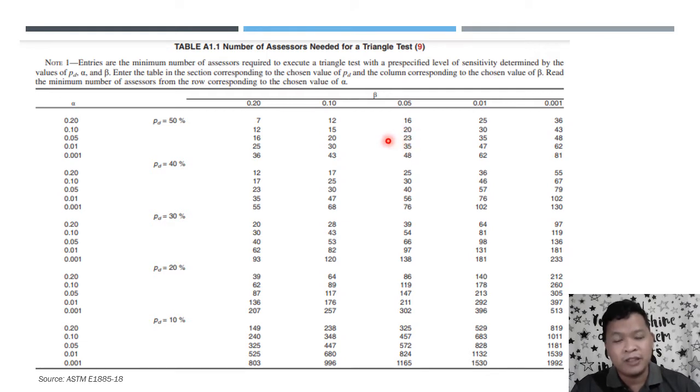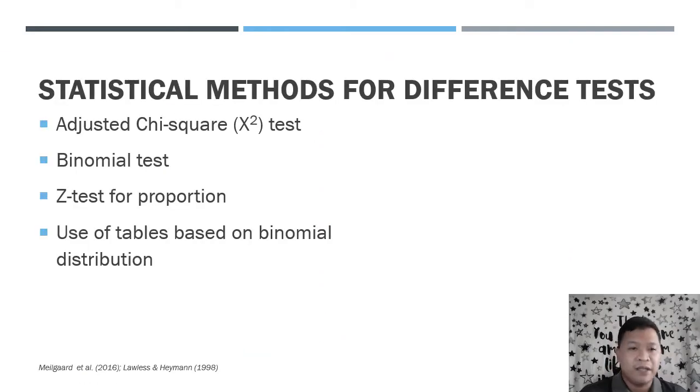Okay, the number of correct responses, of course, would be a different issue. So maraming paraan para malaman mo kung may significant difference nga sa isang kinonduct na discrimination or difference test. Okay, all of these are based on probability distributions. So you can use any one of them if you like.